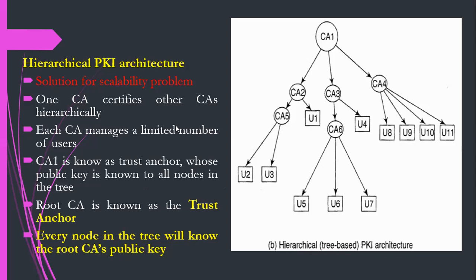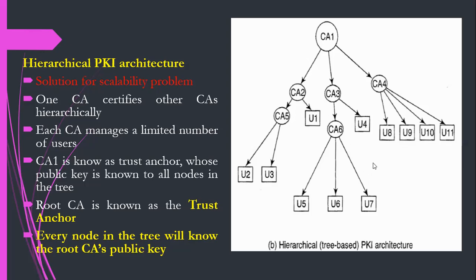This removes the scalability problem. How? If you just want to add a new user, see here, CA2 is managing only user 1. If some other user like user 12 occurs, you can just add user 12 under this CA2, because CA2 is managing only a single user. So there will be much less burden under CA2. Or you can add user 12 under CA3, because CA3 is managing only user 4.